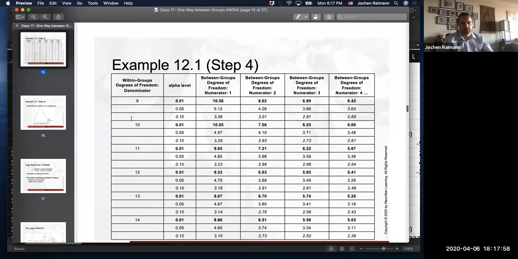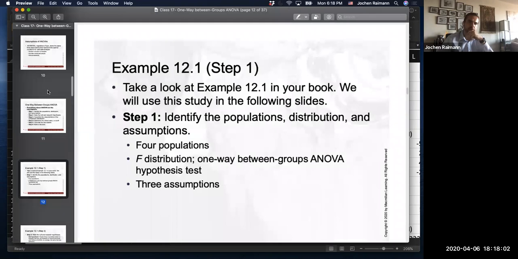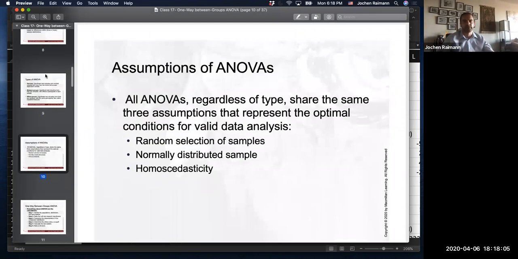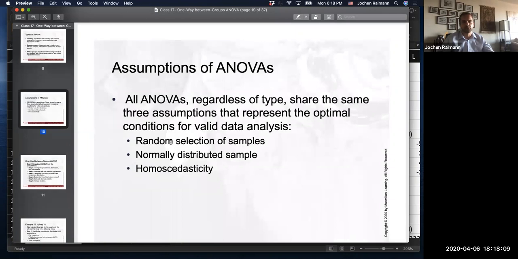For the example of our last Monday's class, there are some assumptions which you essentially have to meet: a random selection of all the samples, normally distributed samples, and homoscedasticity amongst the samples.